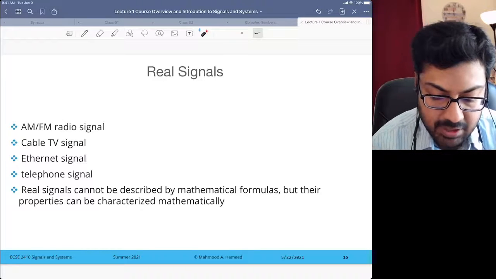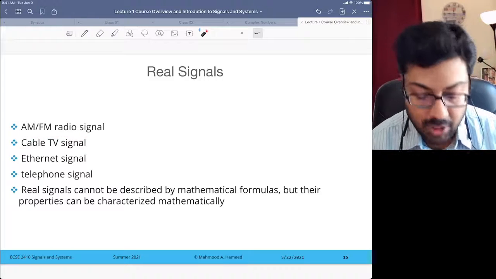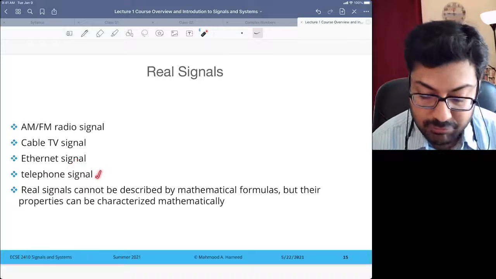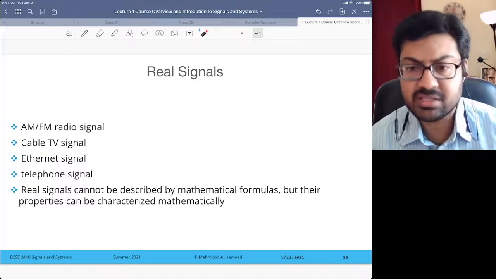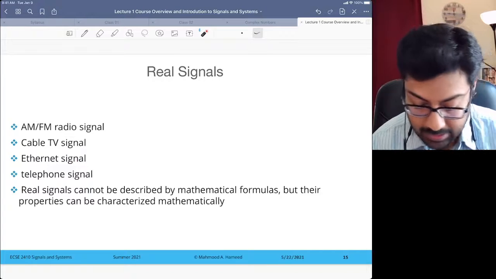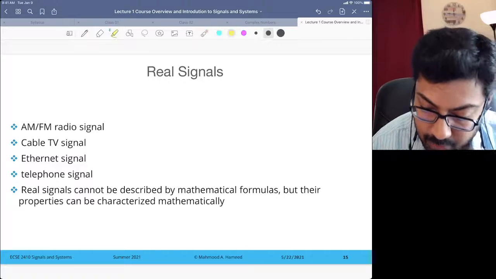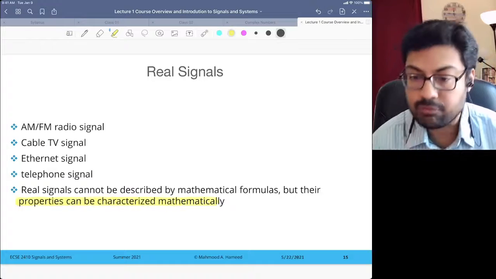Real signal examples: FM radio signal, biological signals like your heartbeat and body temperature, like we talked about, cable TV signal, Ethernet signal, your cell phone signal that your cell phone is receiving all the time. So all of these things are real signals. But our goal will be characterizing properties of signals mathematically. That will be our focus.